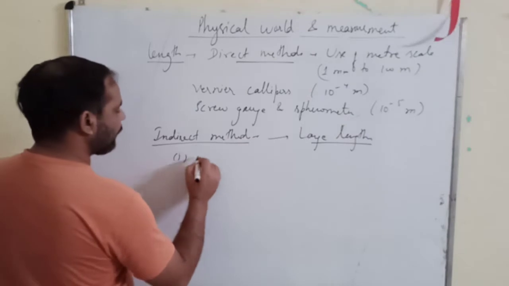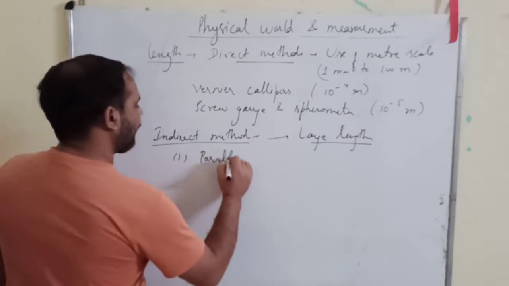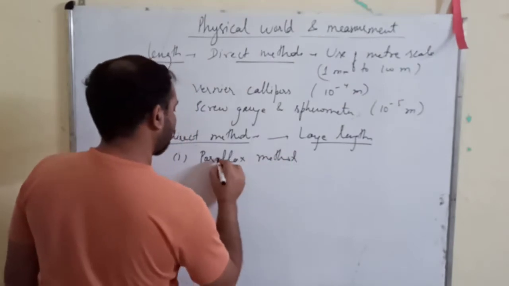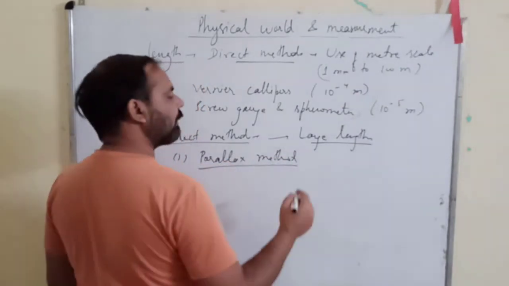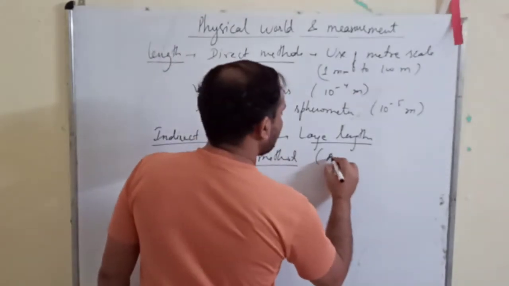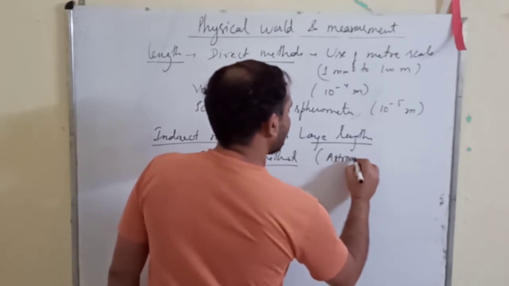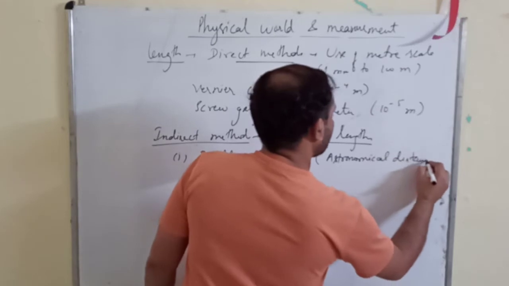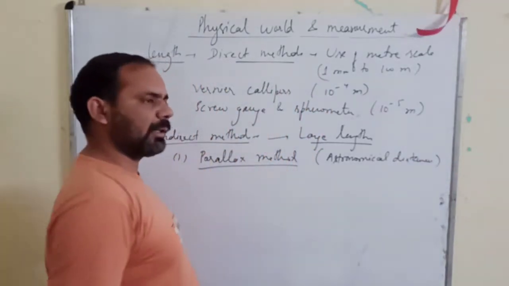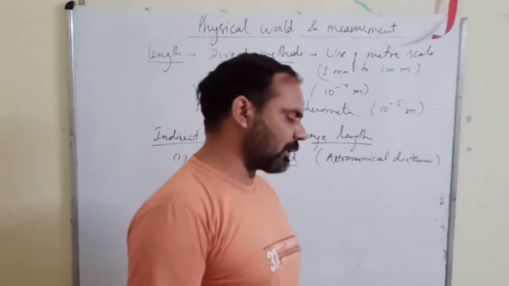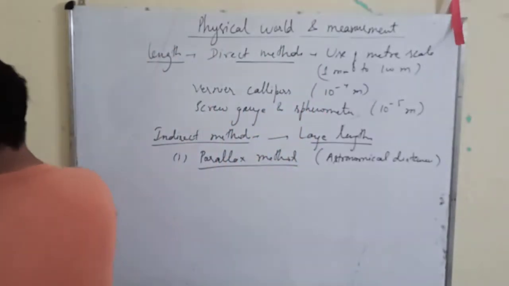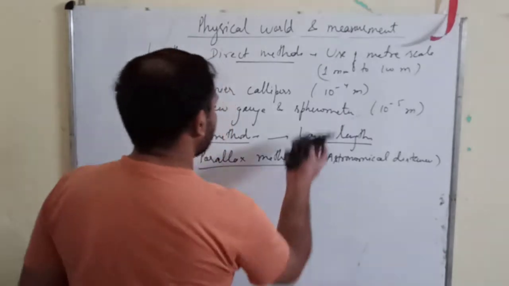We have a method called the parallax method, basically used for astronomical distances. Astronomical means related to heavenly bodies. Basically, this method is used to measure the distance of astronomical bodies. Now, how this method is used, that I will discuss with you now.